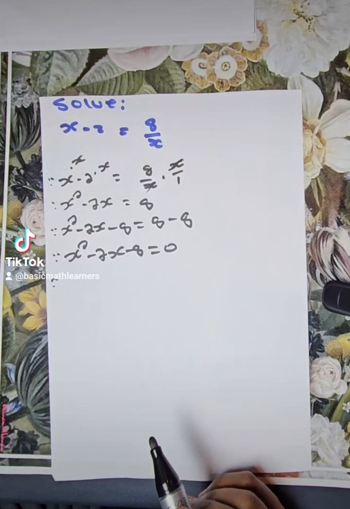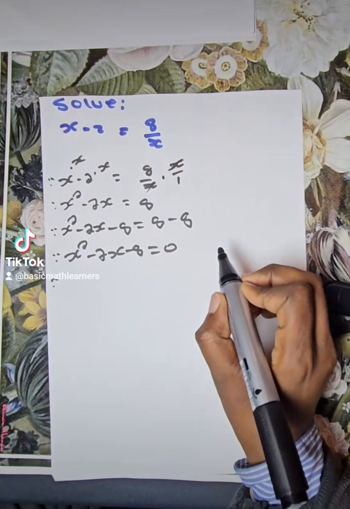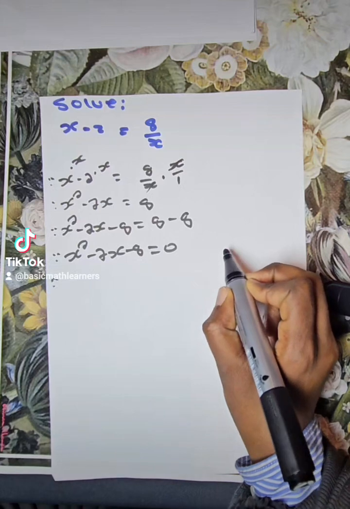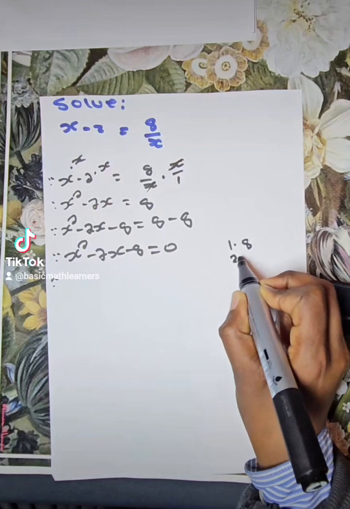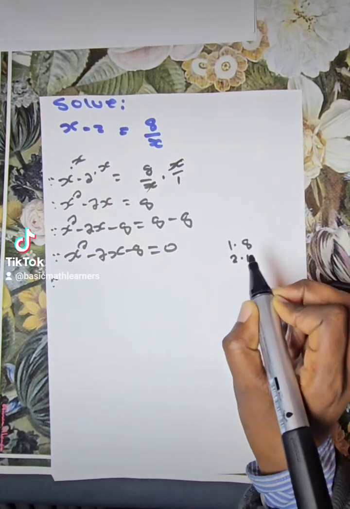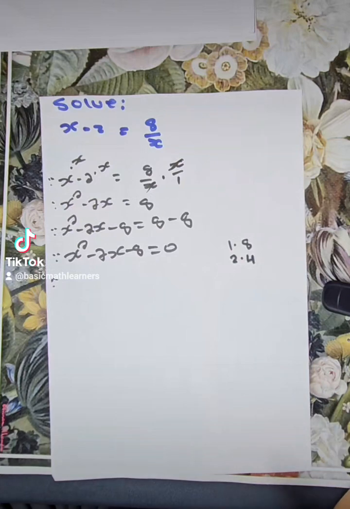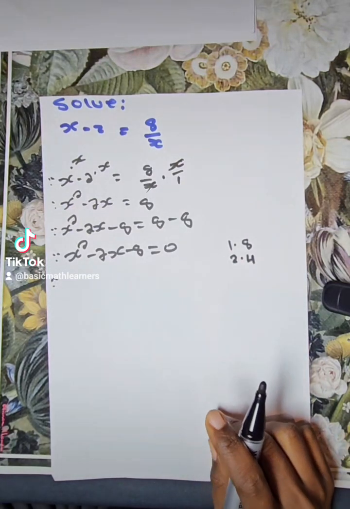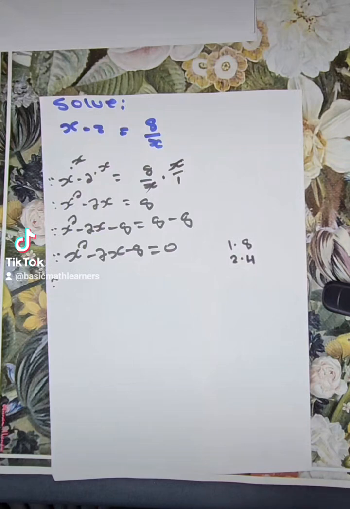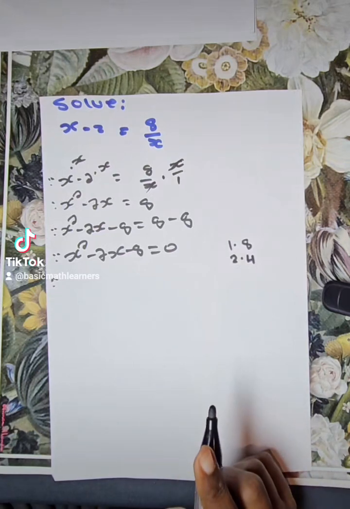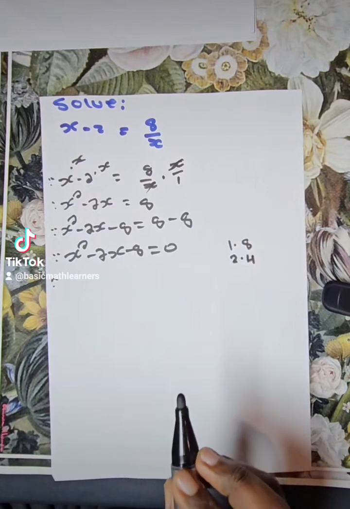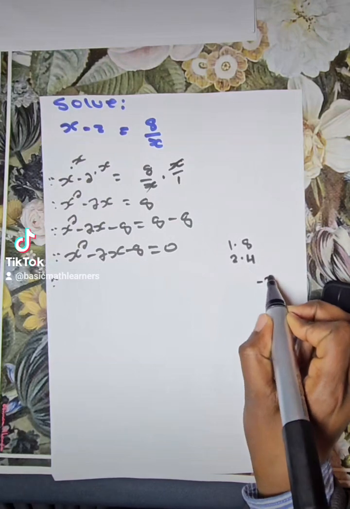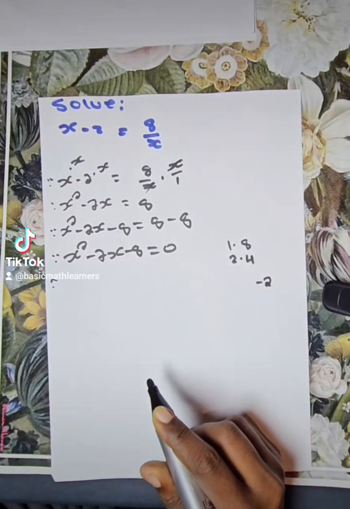Now, we have to find the factor pairs of 8. It's 1 times 8, also 2 times 4, using natural numbers. Now, we have to find the pair that will give us the coefficient of the x term, which is minus 2. How?